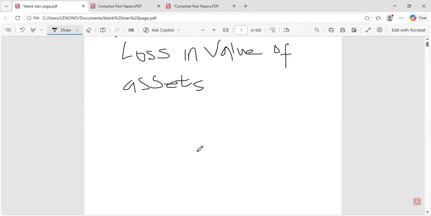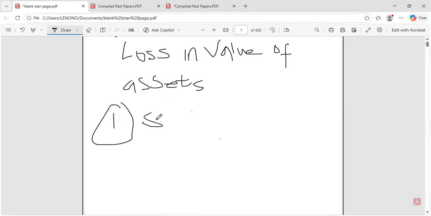Of course, we'll be able to look at the methods of depreciation. We'll look at the method called the straight line method.